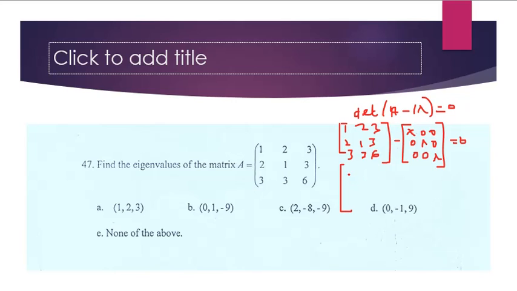This will be equal to 1 minus lambda, 2, 3, and then 2, 1 minus lambda, 3, and then 3, 6 minus lambda.